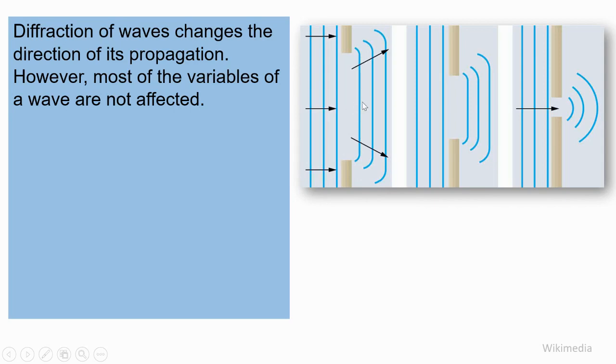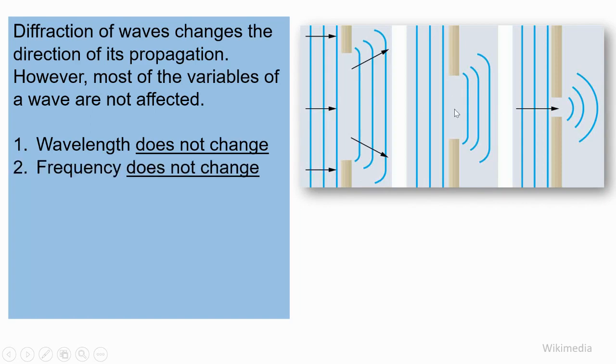However, most of the variables of a wave are not affected. Wavelength does not change, as you can see, the distance between the crests on both sides. Frequency does not change.